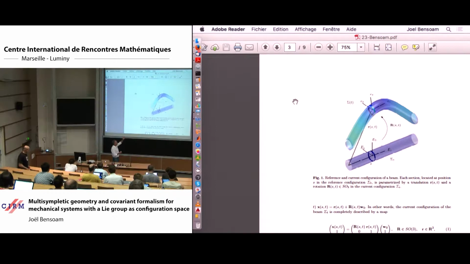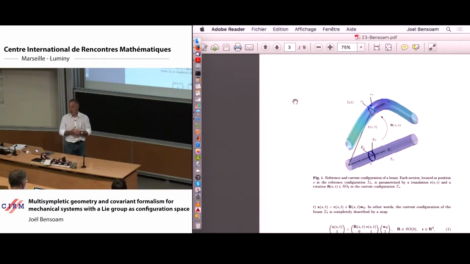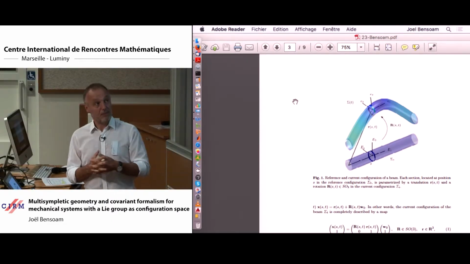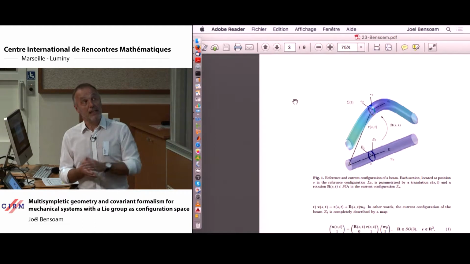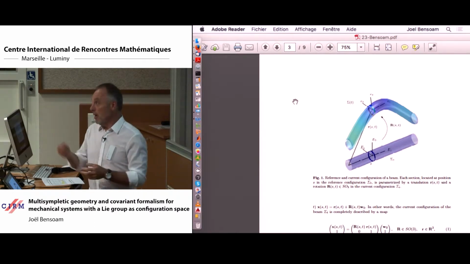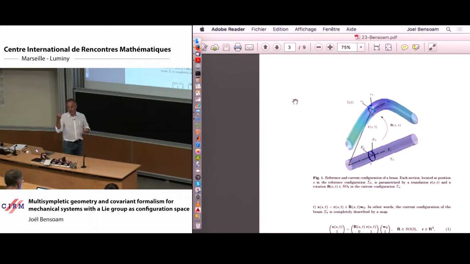You can imagine that you want to describe the motion of a beam. The model came from Reissner or Cosserat, the Cosserat brothers made this sort of model. You have two independent variables, the time and also the arc length.